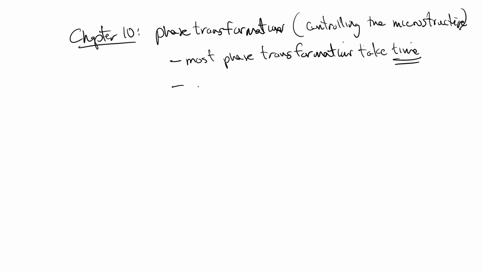We never mentioned time in chapter 9. In chapter 10, time is going to be a factor. That means how long does it take for these phases to transform back and forth? That's really important.